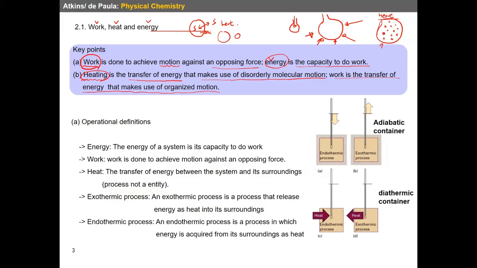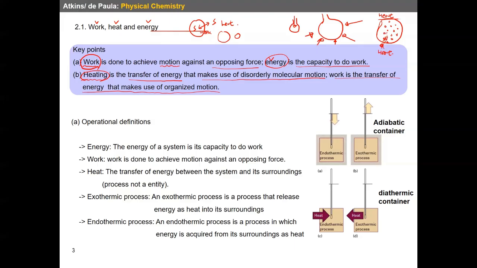When heat is applied to the system, energy is transferred to the system, and the molecular motion inside the system becomes larger because of this heat. That's why heating is the transfer of energy that makes use of molecular motion.